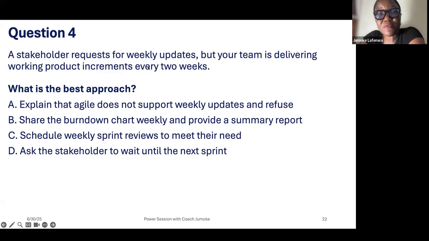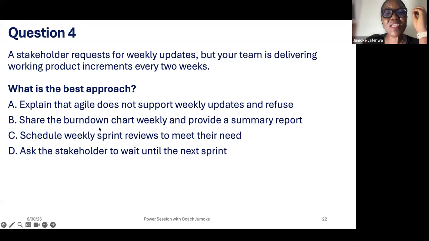Now, a stakeholder requests for weekly updates, but your team is delivering working product increments every 2 weeks. Sometimes you may actually not know the answer. But when you read the questions, you are looking at the option that will give the best value.